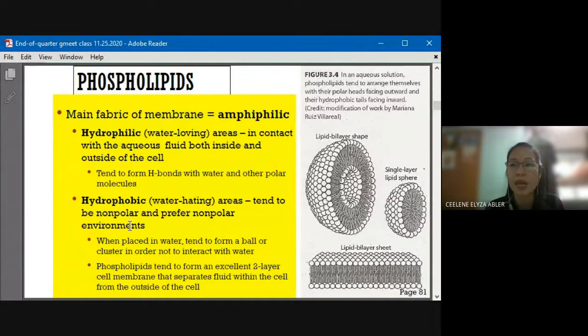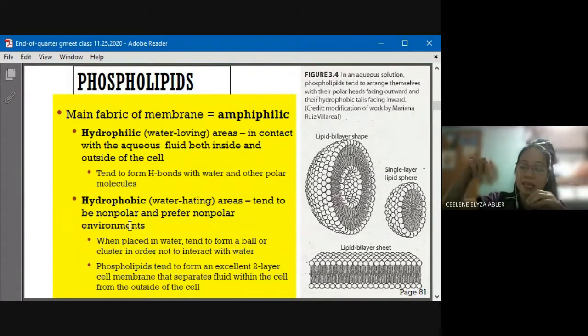So napansin kapag ginawa na niyo na yung mini experiment in module 5, you will notice that it will form like a ball. Parang medyo spherical siya. It's a concave na type of ball. Yung droplet mo ng oil. So you will notice that it will cluster together and they do not interact with water.